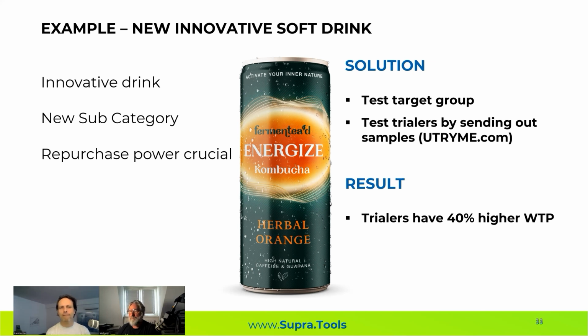So the big question is, when people are trying it and love it, they will buy it again. So are people really not just willing to buy, but also do they like it? And what does it mean to willingness to buy?